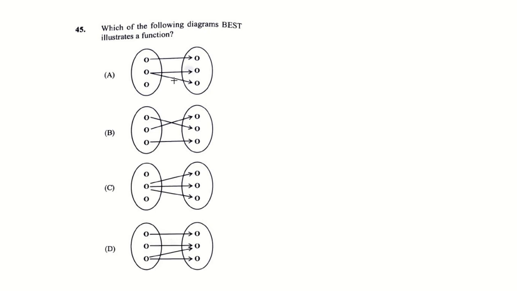One-to-one means going from one element to the next one element. None of them is like that. So actually, yes, B is your function. So we are looking at a one-to-one function.